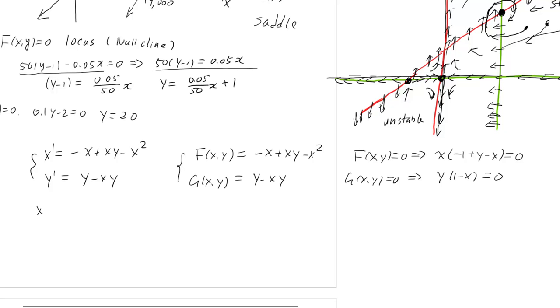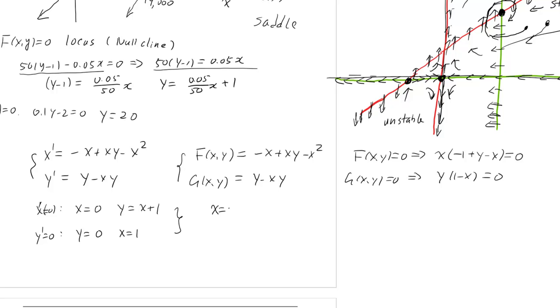So when x prime is equal to 0, we have x is equal to 0 or y is equal to x plus 1. And y prime equal to 0, we have y is equal to 0 or x is equal to 1. So combine these two, we have 3 equilibria.